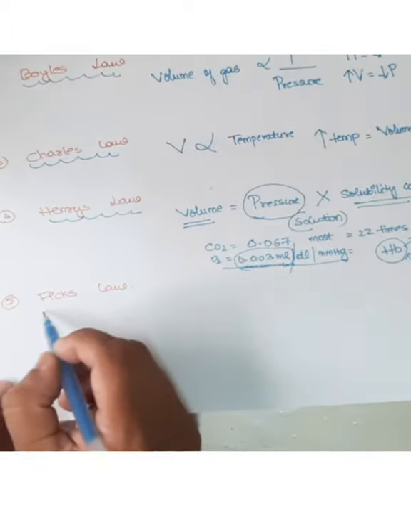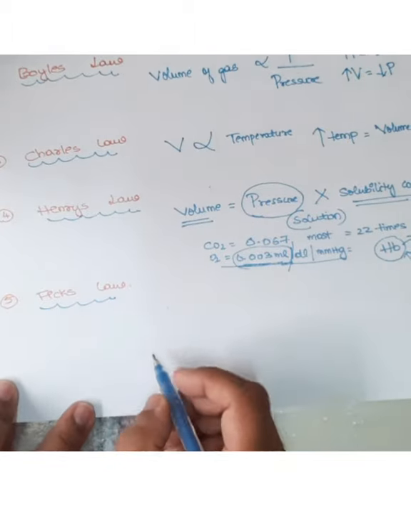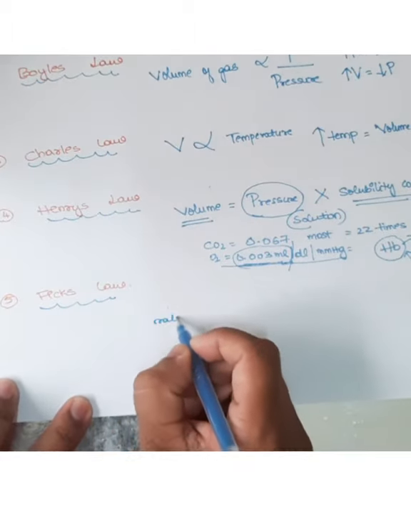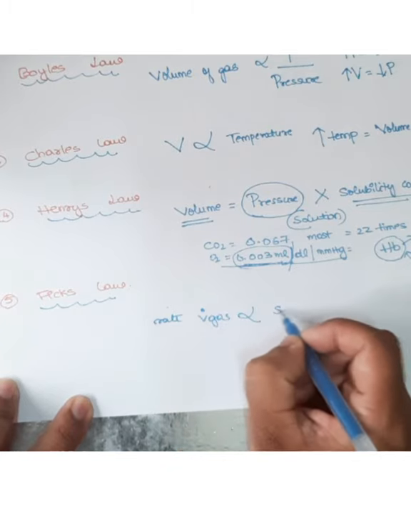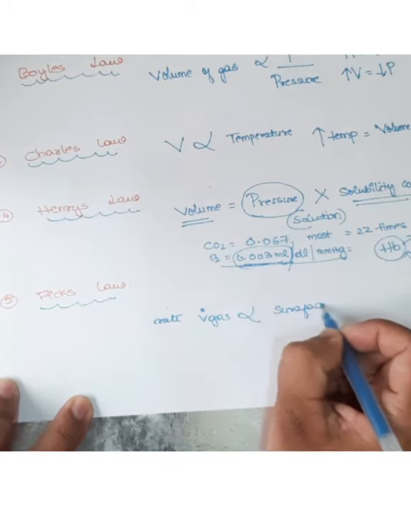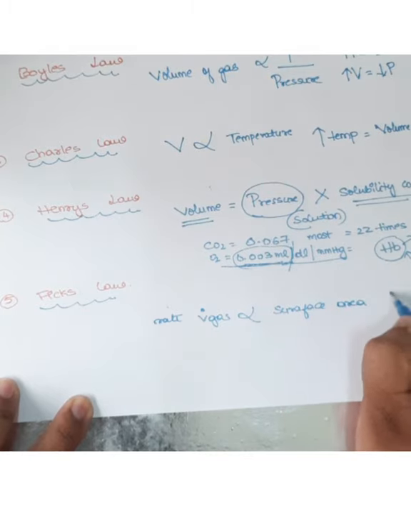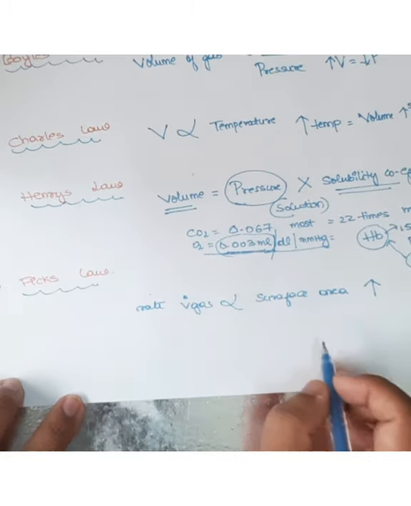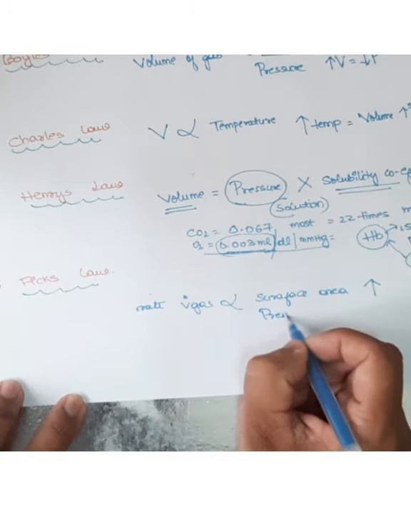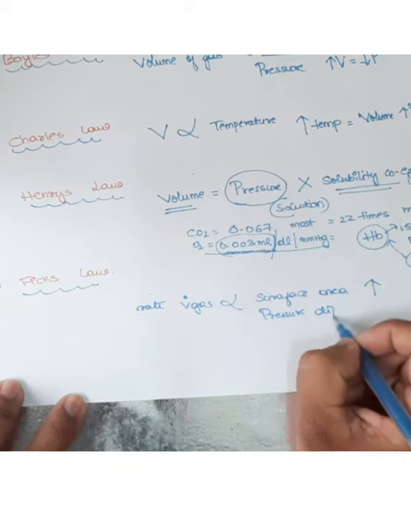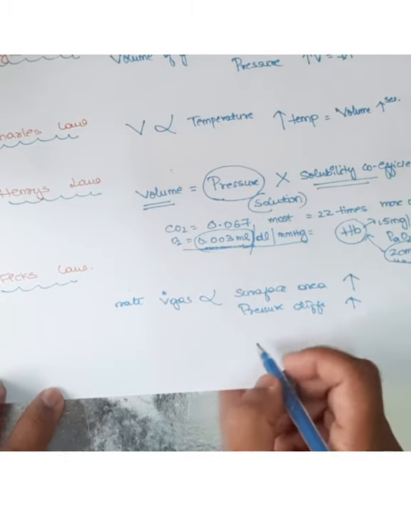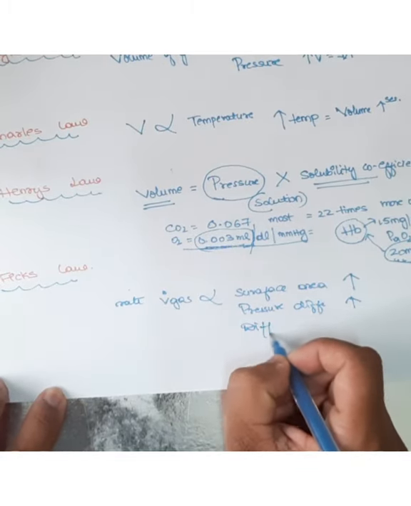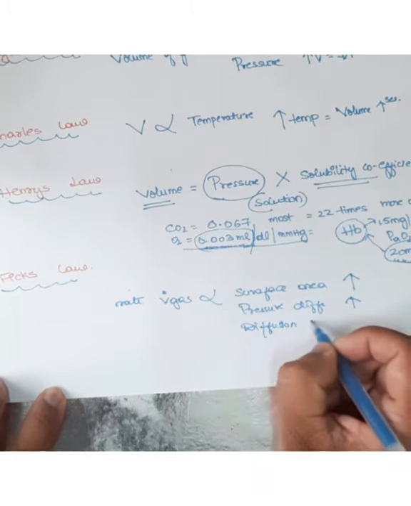So the next law is Fick's law, which we had already stated, where the rate of diffusion of a gas is directly proportional to the surface area. So if the surface area increases, the diffusion increases. It is directly proportional to the pressure difference. So if the pressure difference is more, the diffusion is more. It is directly proportional to the diffusion coefficient.